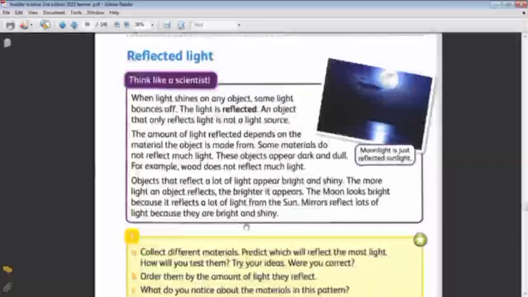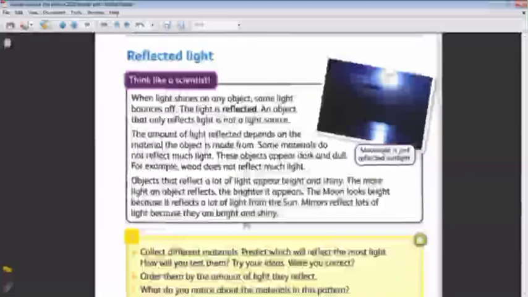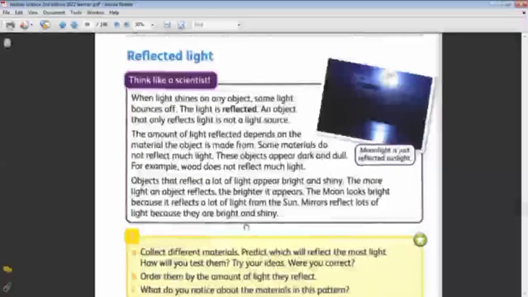So they don't reflect a big amount of light. Other materials like the metals, like the moon, like the mirror, reflect a big amount of light. So they appear shiny and bright because they can reflect the light. So we can see the moon bright, the things made of metal bright, the mirror bright, because they reflect a lot of light that falls on their surface.